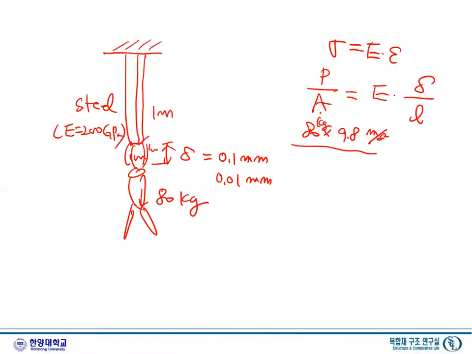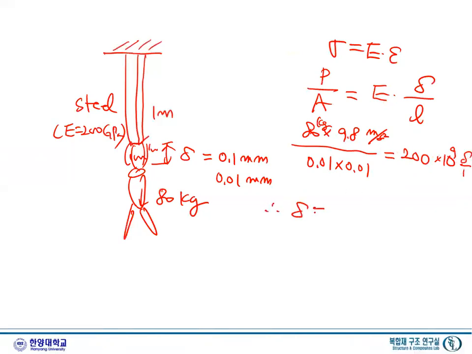Divided by A, what is A? 1 centimeter by 1 centimeter means 0.01 meter by 0.01 meter. I want to change everything into meters and Newtons, okay? And equals, now what is the E? 200 gigapascal. Giga is 10 to the 9. And what is the L? L is 1 meter, and delta.